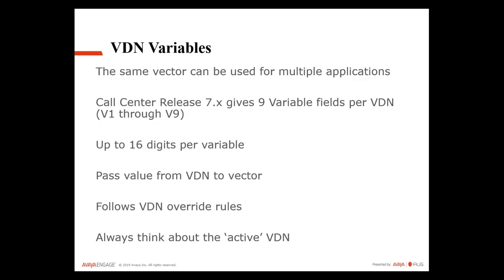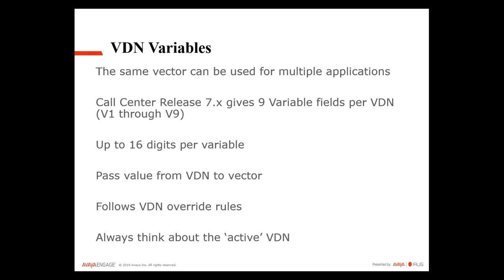They've now increased it to V9 in release 7, which was great, giving us more fields. That worked out great for me when I changed my dial plan from a 5-digit dial plan to E164, and now my strings were much longer. I was like, oh God, what am I going to do? But we were able to squeeze it all in there.